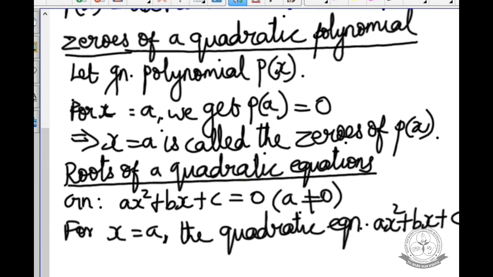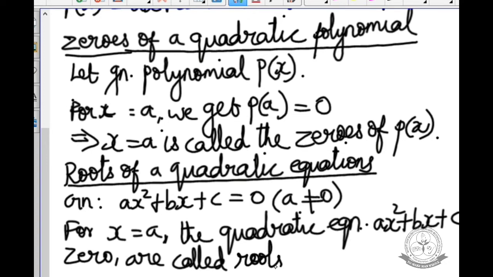When you substitute a for x and the answer is 0, then for x equal to a, the quadratic equation becomes 0, and these are called roots of the equation or roots of the quadratic equation.